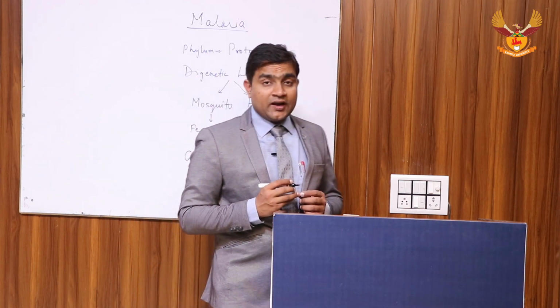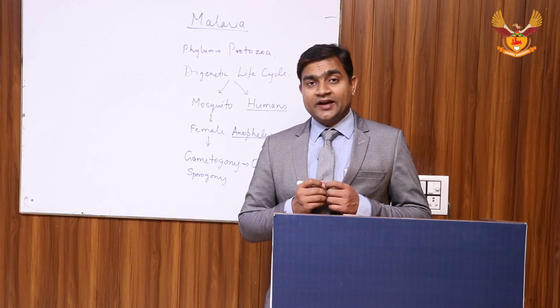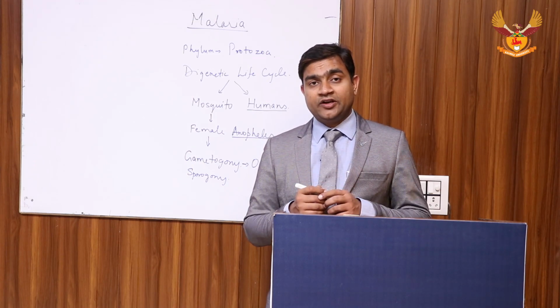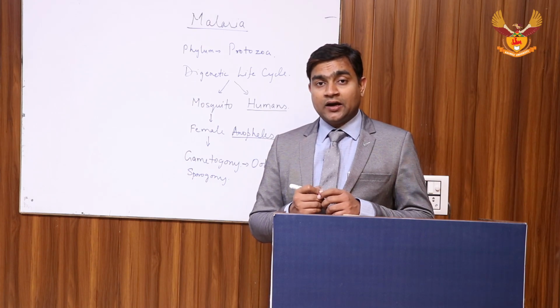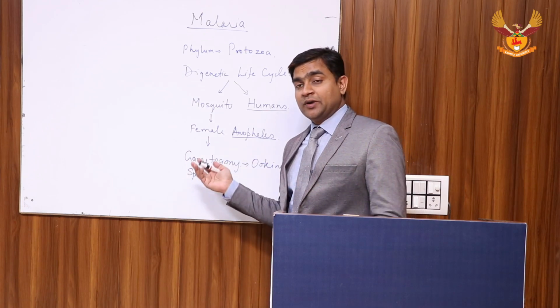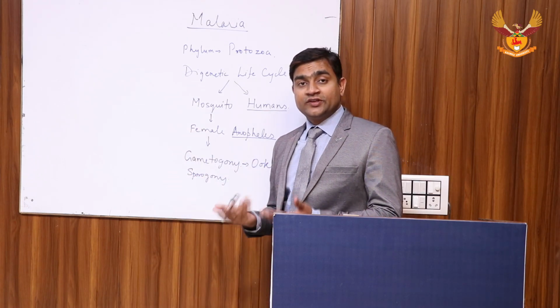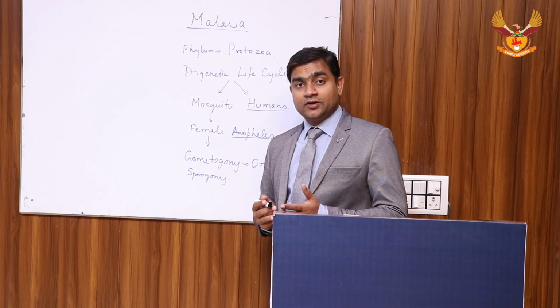So these ookinetes develop inside the gut cavity of the mosquito, that is its stomach, and after its development it gets embedded into the stomach cells, and there it causes development by mitotic division.